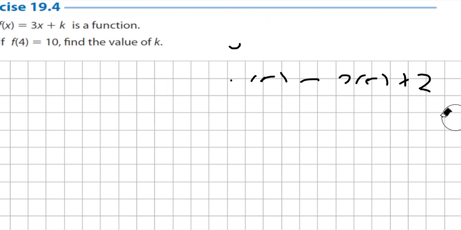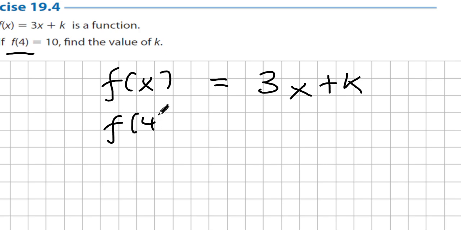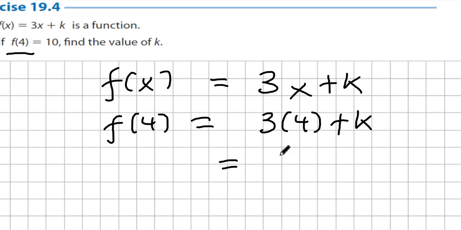So in this question, what we're quite simply told is that f of x is 3 times x plus whatever k is. Everybody got that? Now what we're asked next is f of 4. So how do we do f of 4? 3 times 4 plus k. 3 times 4? 12 plus k.